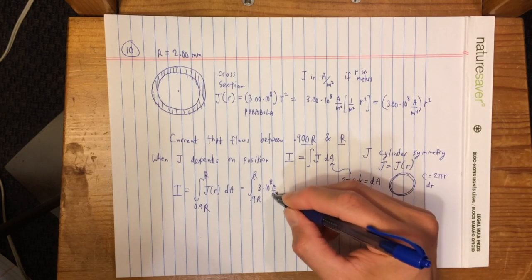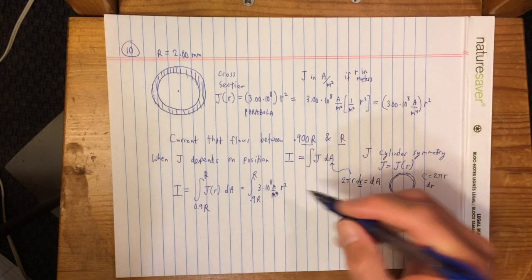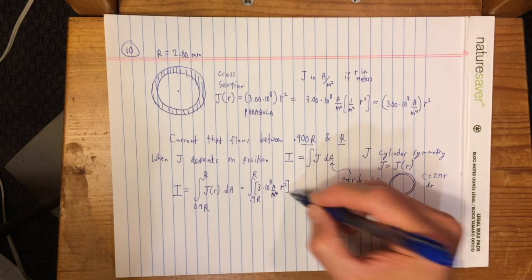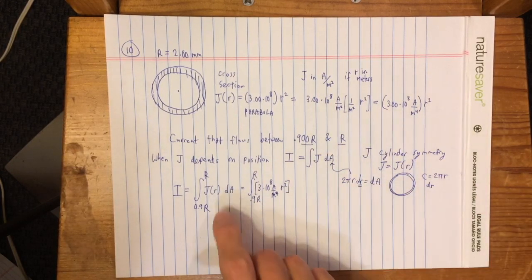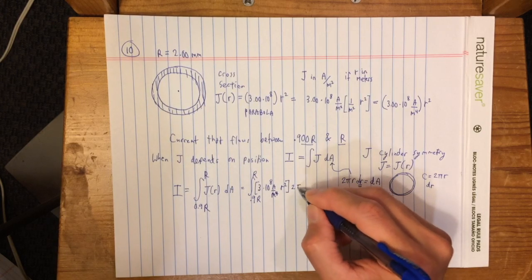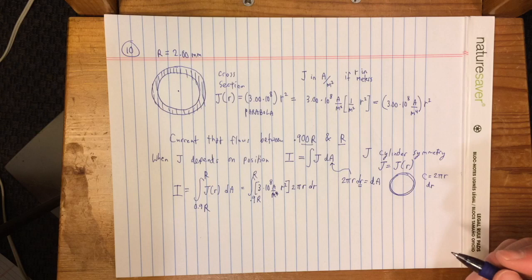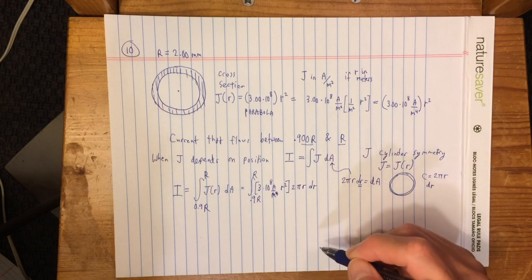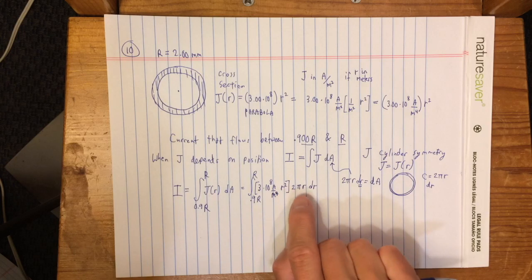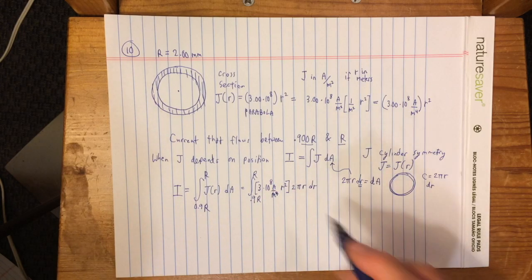But we're not finished because we need to tack on the dA, which includes the r and the dr. So I've got the 2, the pi, and the 3 times 10 to the 8th amps per meter to the 4th.